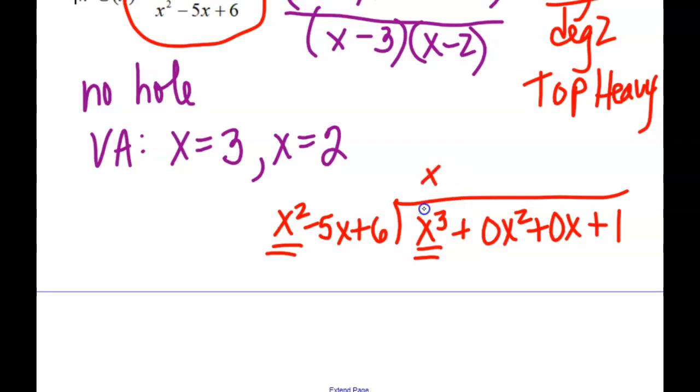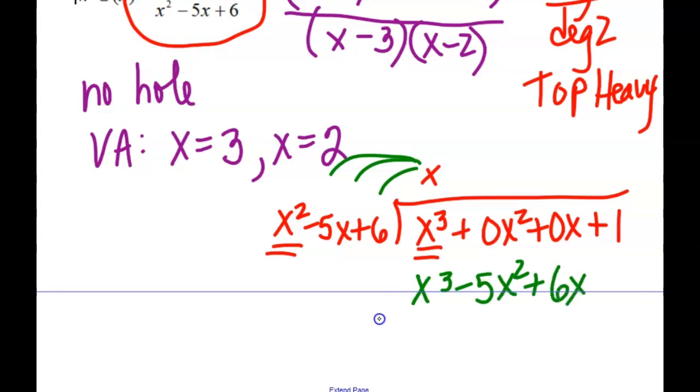Just an x, yes? If I distribute that x to all three of these over here, I get an x cubed minus 5x squared plus 6x. Okay, we have to go one more step, I think. Now if I subtract all that, this will become 0.